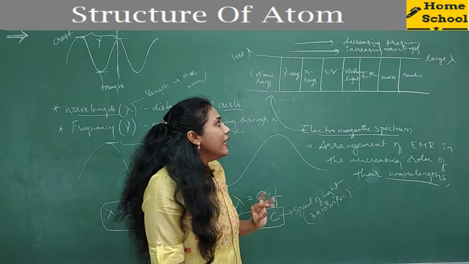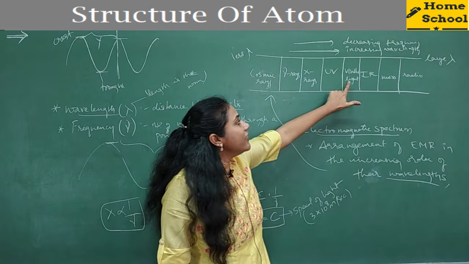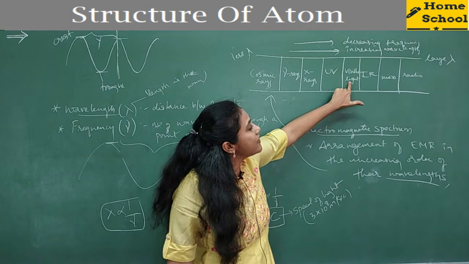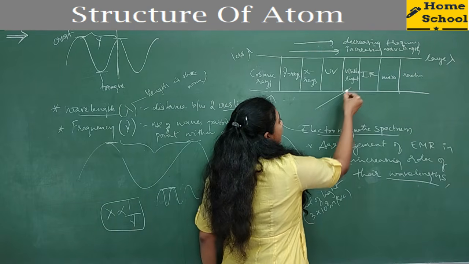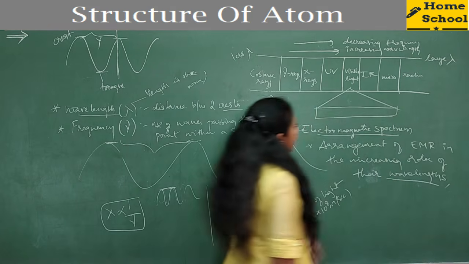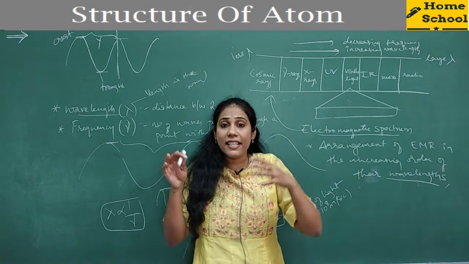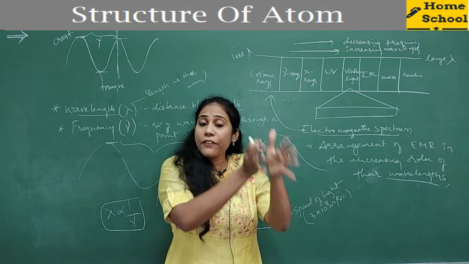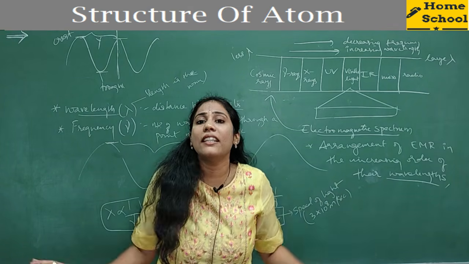Clear? Fine. Now one interesting thing is, as I already told you, our human eyes can see visible light. This visible light consists of 7 different radiations, and each radiation has a particular color.